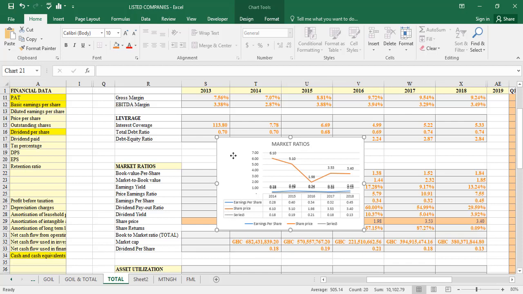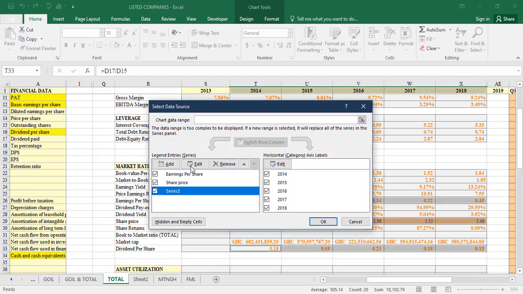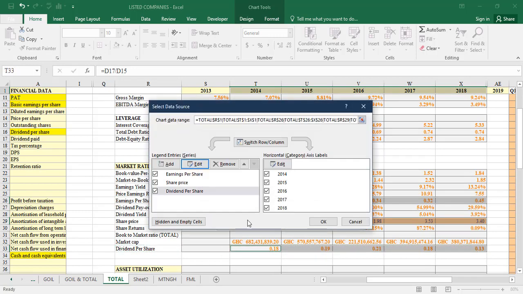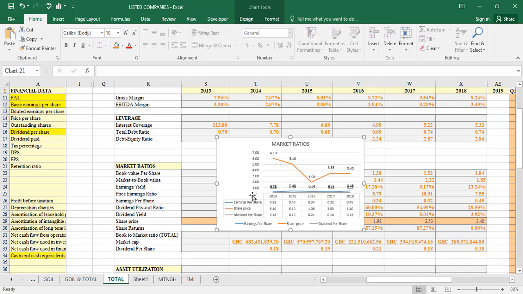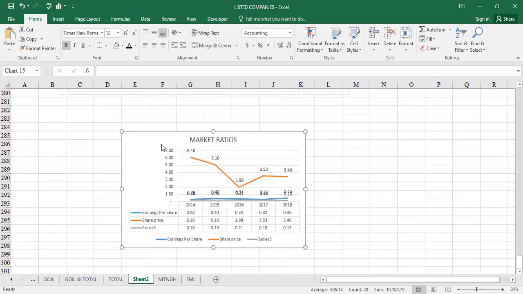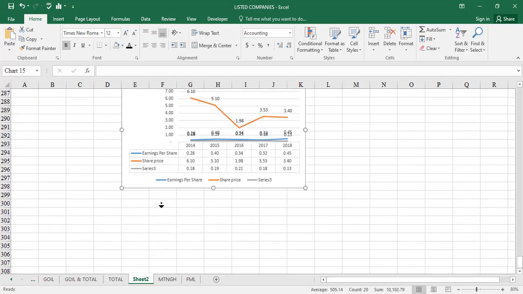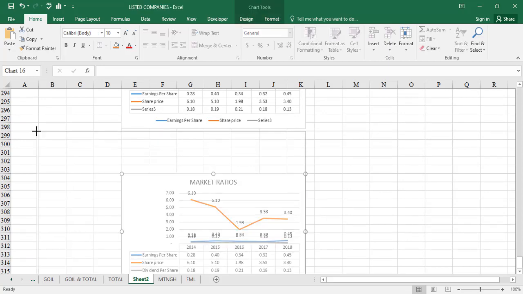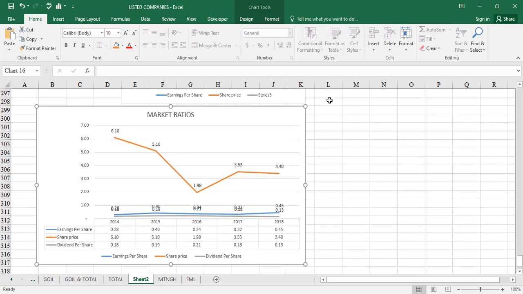Okay, so it looks like I didn't do it for all of them, just left one more. Select data. So the last series, which represents the dividend per share. Yes, so we have dividend per share over there. Okay, so now we can take it off. Okay, so there we have it.